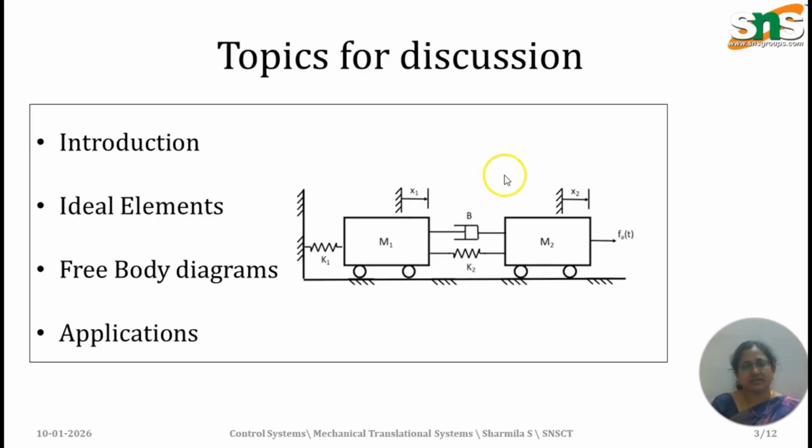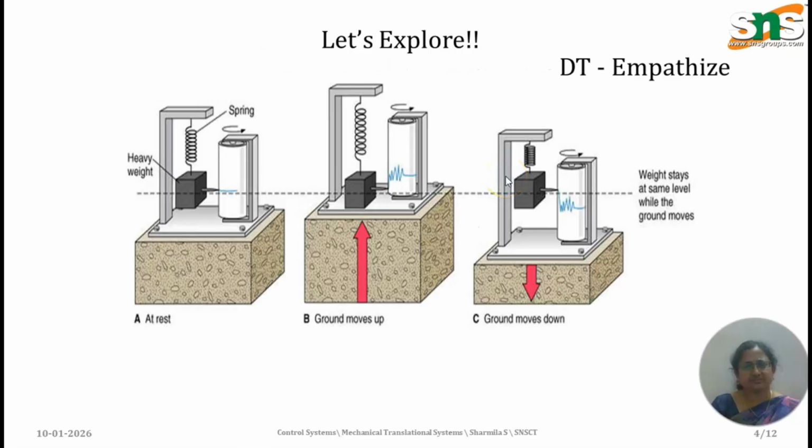So now let's discuss the Introduction to Mechanical Translation Systems. A mechanical translation system is one in which all parts move in a straight line. Unlike rotational systems, here the motion is linear and displacement is measured in meters.